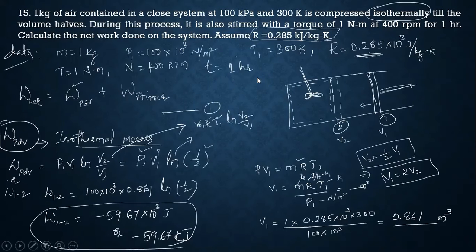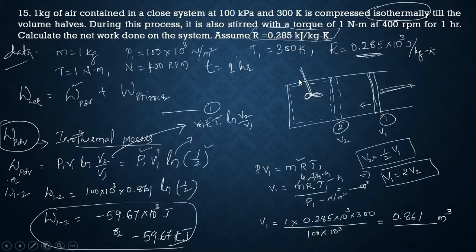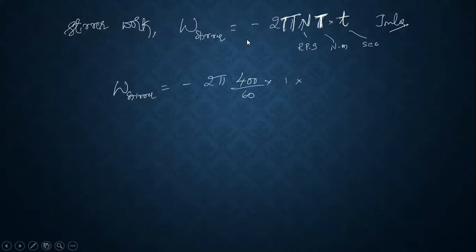And time is important here. They have mentioned 1 hour. Therefore, 1 hour you have to convert into seconds: 1 into 60 to convert into minutes, and another 60 to convert into seconds.